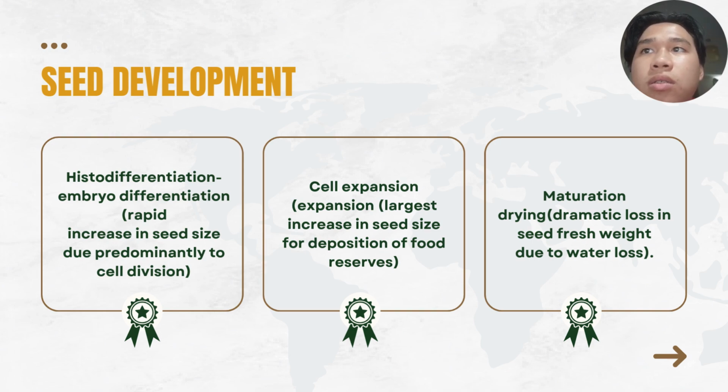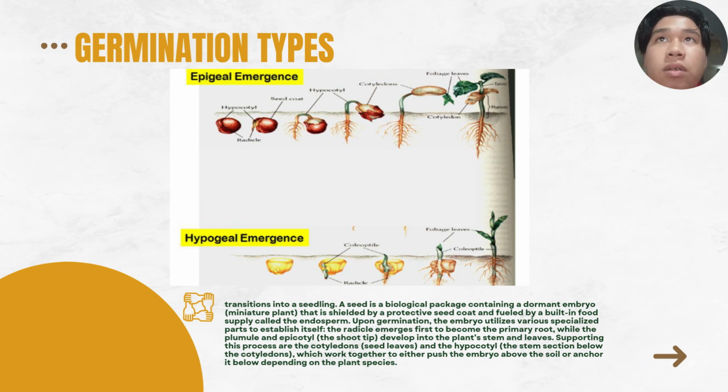These include histodifferentiation, embryo differentiation, a rapid increase in seed size due predominantly to cell division; cell expansion, a large increase in seed size for deposition of food reserve; and maturation drying, a dramatic loss in seed fresh weight due to water loss. Here are the germination types. They have epigeal emergence and hypogeal emergence.